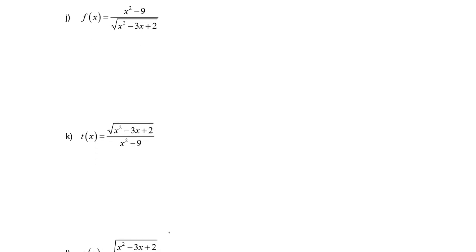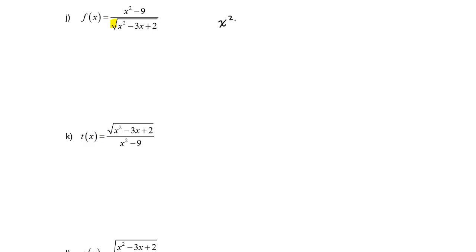For j, we have f of x is equal to x squared minus 9 over the square root of x squared minus 3x plus 2. We need to check that the radical is even, and it is. It's a square root.